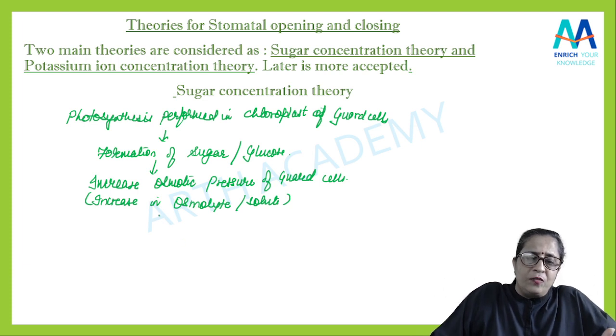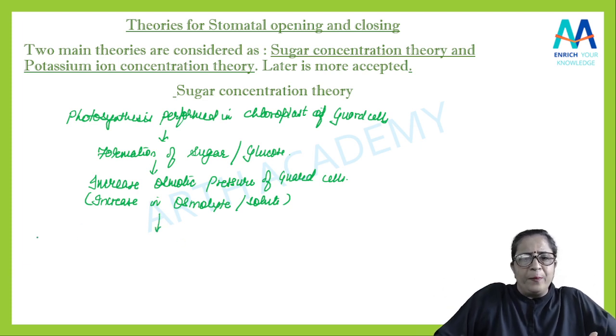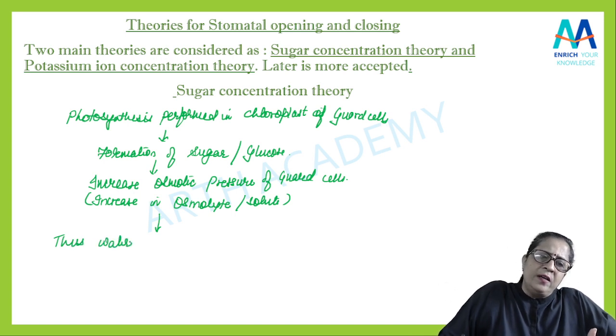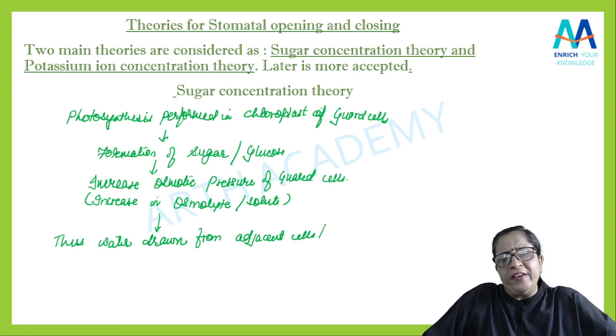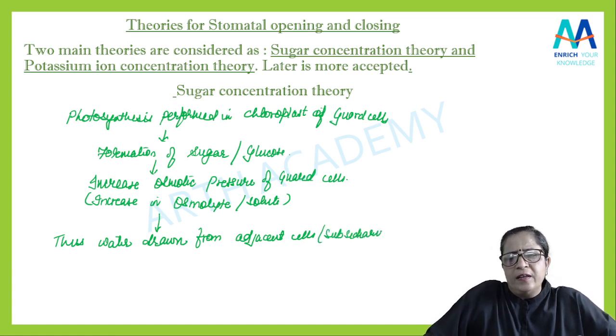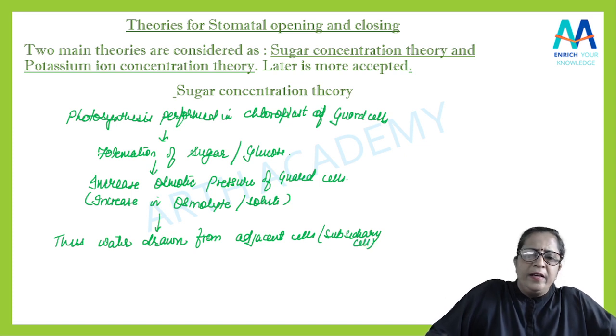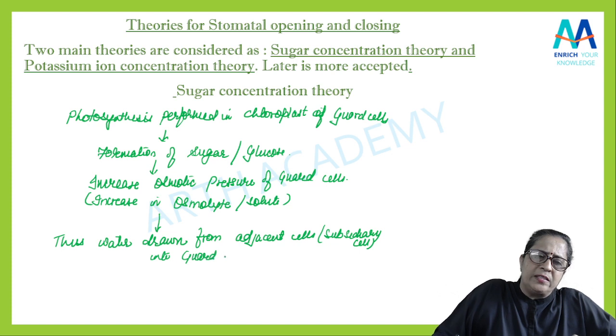Now because of this, what will happen? Thus, water is drawn from adjacent cells, yes, adjacent cells, we can say the subsidiary cells, into the guard cells. Guard cell में पानी लिया जाएगा.